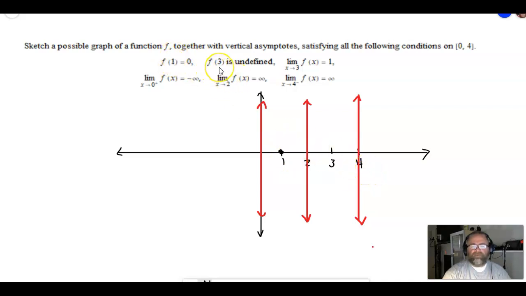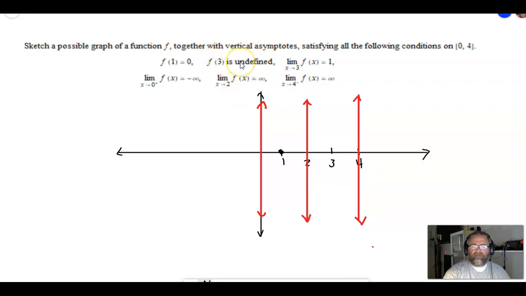At f of 3, it's undefined. Now, since I don't have a vertical asymptote there, could I put a vertical asymptote? I could. And then I could go from the left on one side of it, and from the right on the other side, if this was the only criteria here.